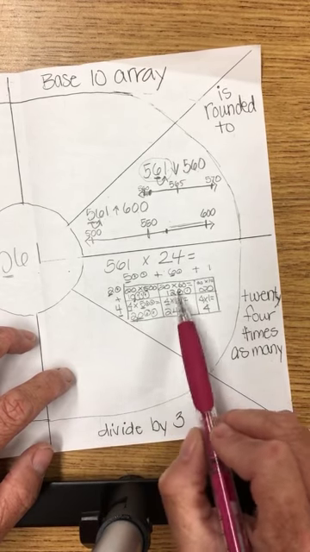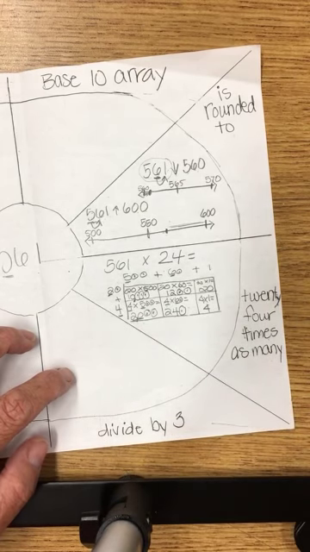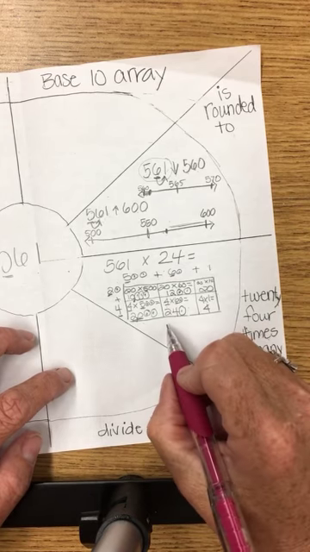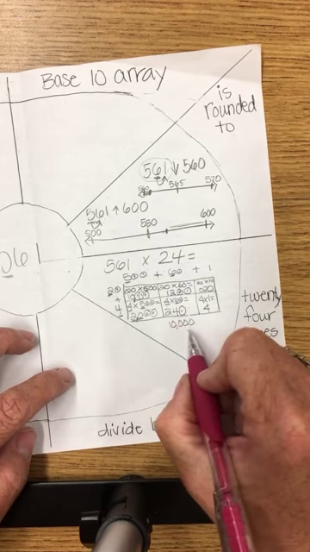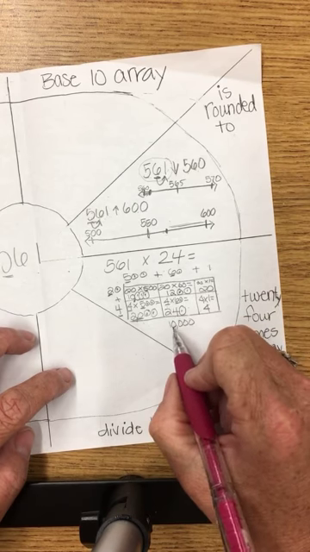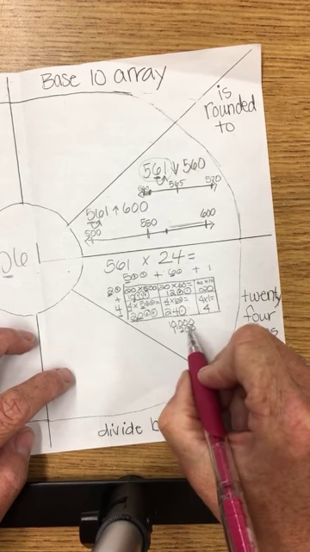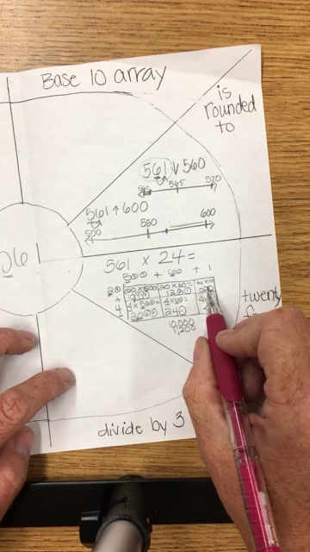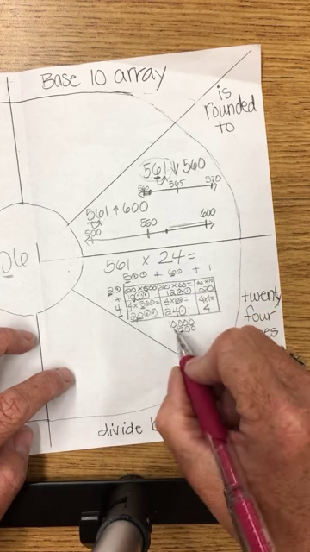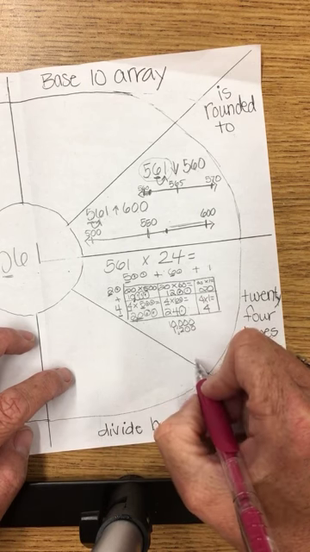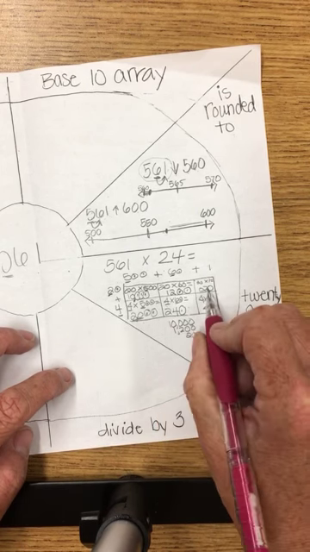So now we have a bunch of partial products that we have to add together. We get 10,000, 1,200. Be careful of your place values as you write these numbers, because you don't want to go and put a number in the wrong place value column. 20.